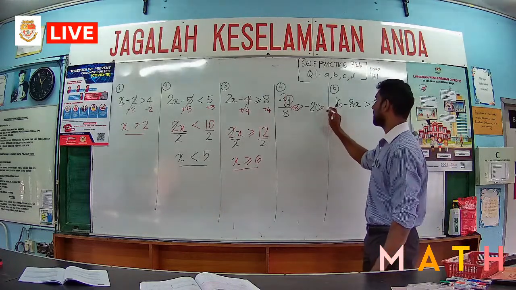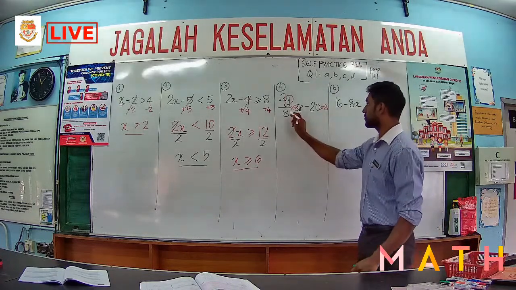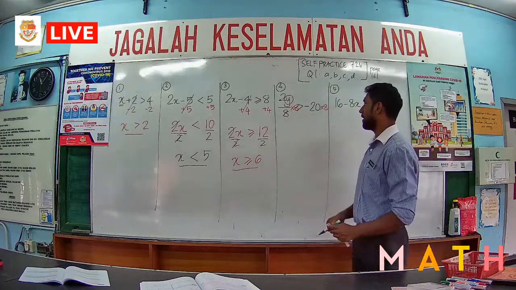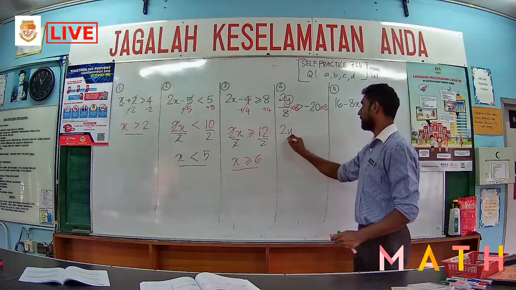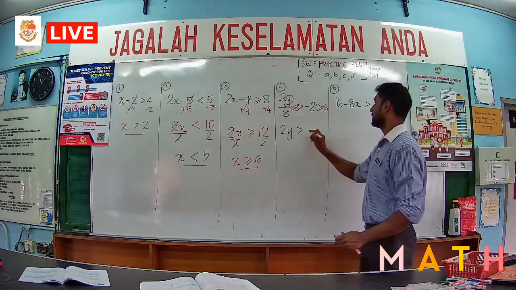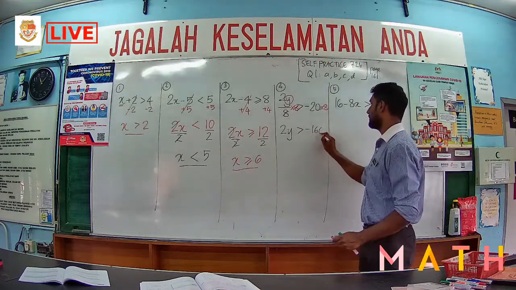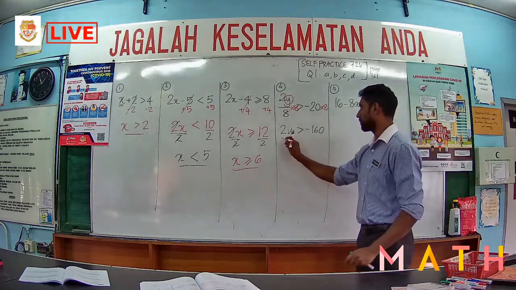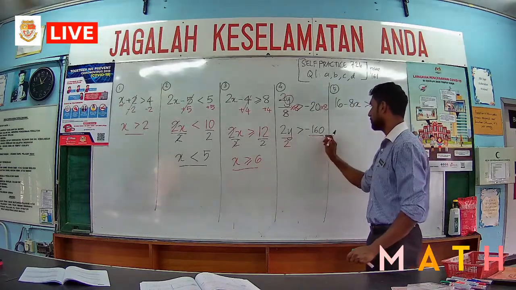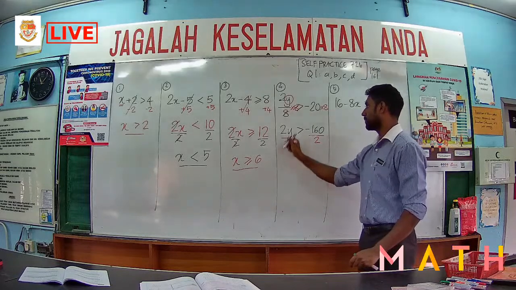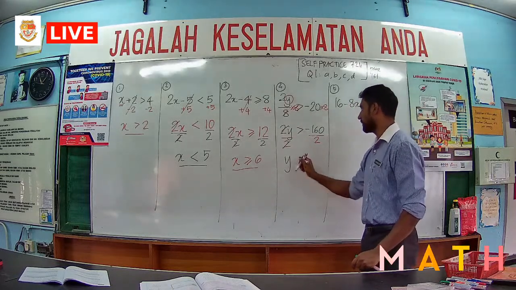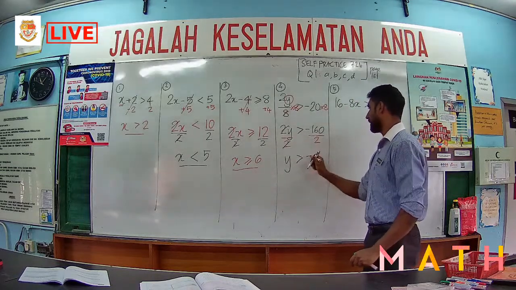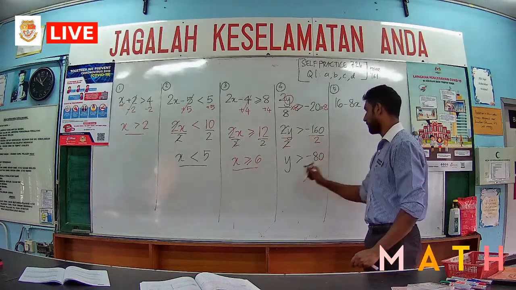So here we times 8 as well. So these two numbers will be eliminated. You will have 2y greater than negative 160. How to eliminate the 2? Divide by 2, divide by 2. So you will have y greater than negative 8.